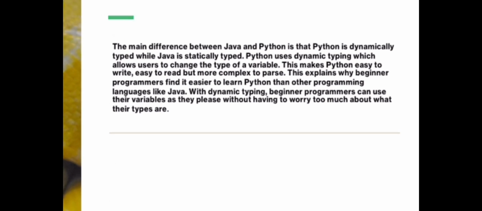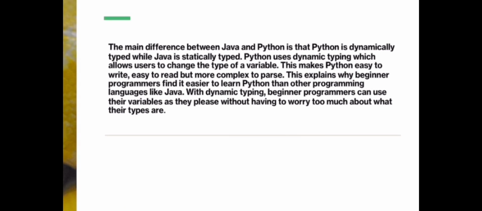The main difference between Java and Python is that Python is dynamically typed, while Java is statically typed. Python uses dynamic typing, which allows users to change the type of a variable. This makes Python easy to write, easy to read, but more complex to parse. This explains why beginner programmers find it easier to learn Python than other programming languages like Java.